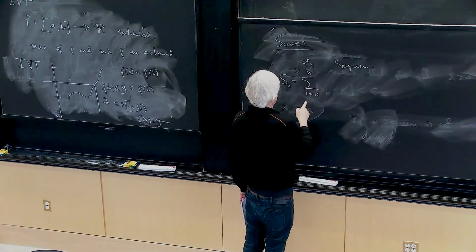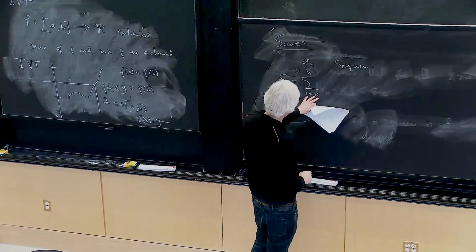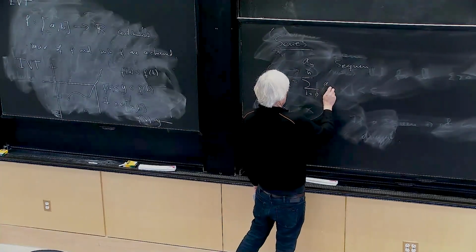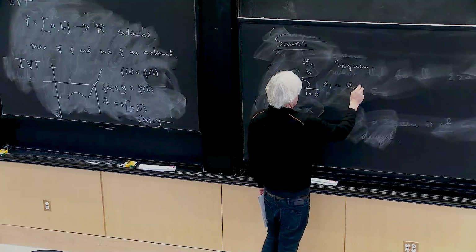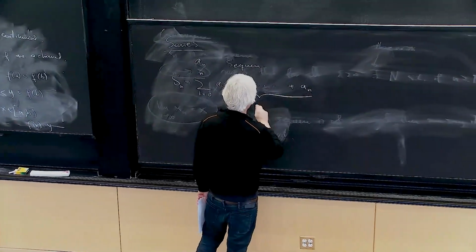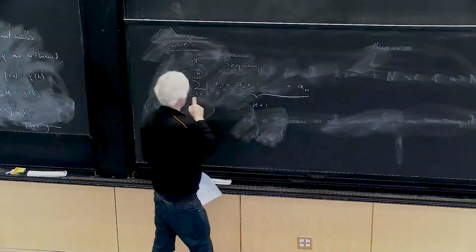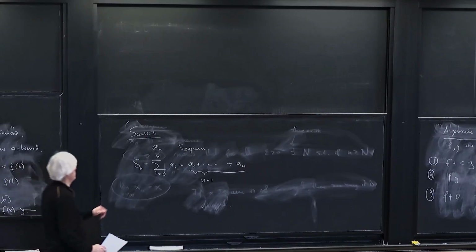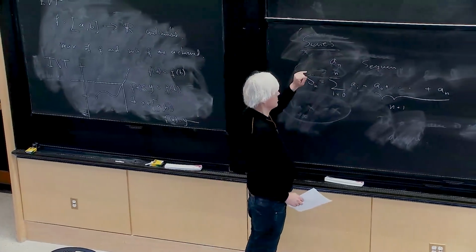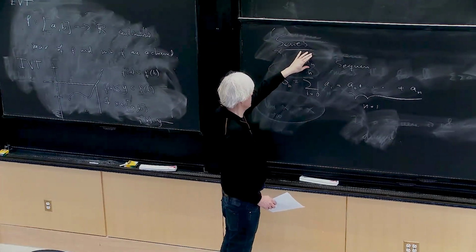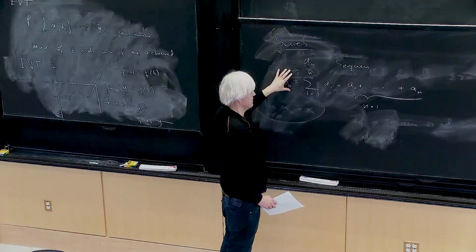Because you're starting at 0, you're summing the first n plus 1 terms, so this is a_0 plus through a_n. But you don't have to start at 0. If you start at 1, it would be the first n numbers. So a series is really the same thing as a sequence, but you think about it a little bit differently: you start with a sequence, and then you form a new sequence.